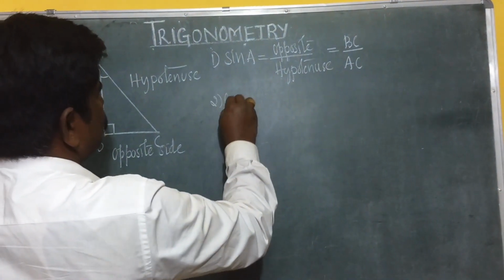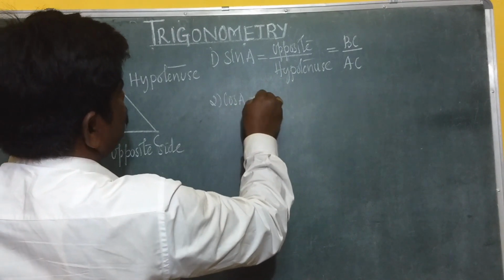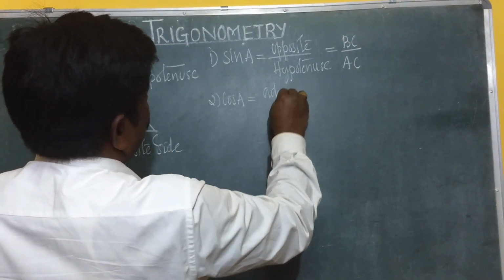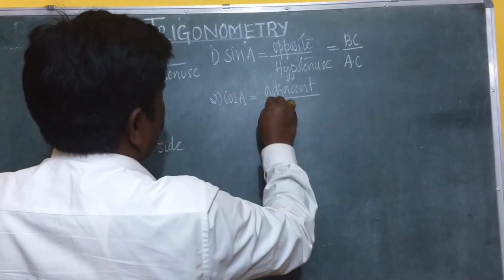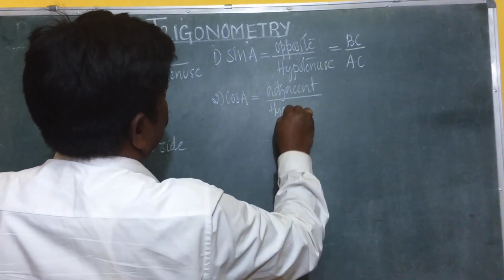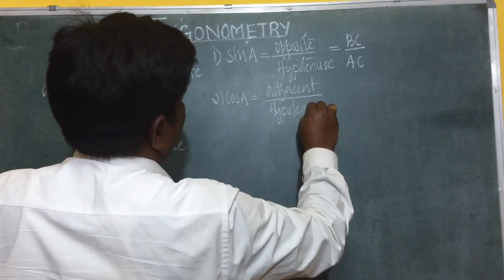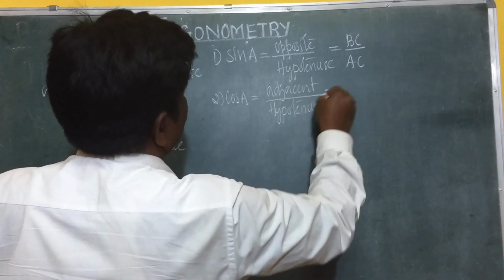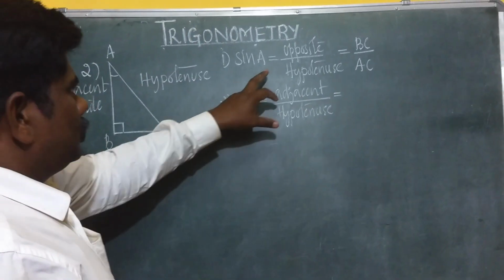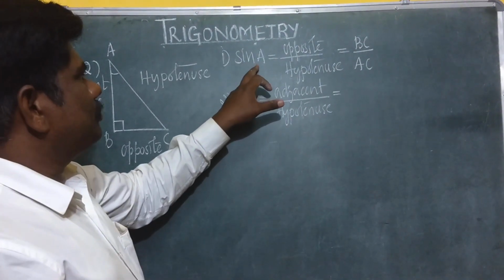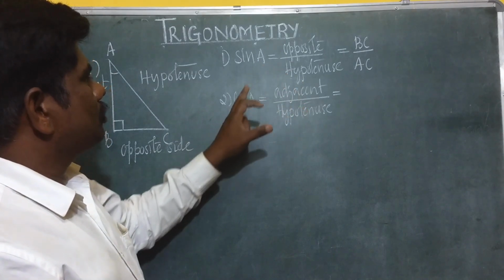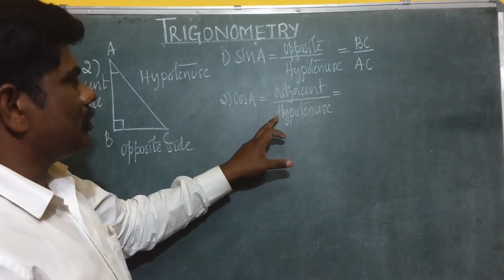Second one, cos A, that is adjacent upon hypotenuse. Learning these definitions is very important. Sine A means opposite upon hypotenuse, cos A means adjacent upon hypotenuse.